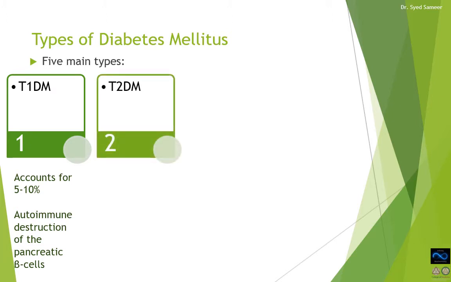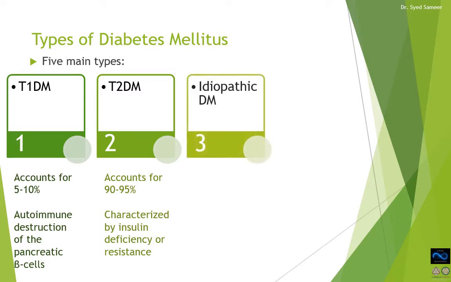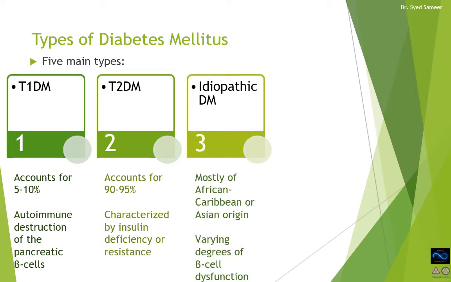Then there is type 2 diabetes mellitus, which accounts for 90 to 95% of the cases and is characterized by deficiency of insulin or its resistance by the peripheral organs. Then third is idiopathic, which affects mostly Asian, Caribbean or African people. It usually has a varying degree of beta cell dysfunction.